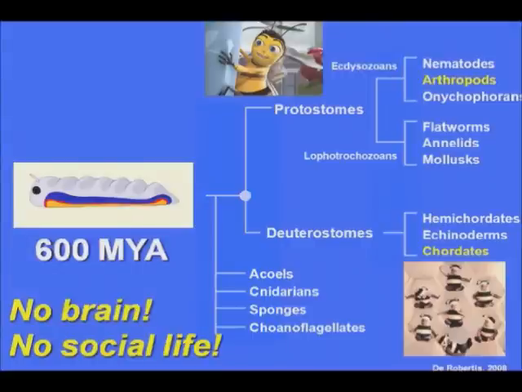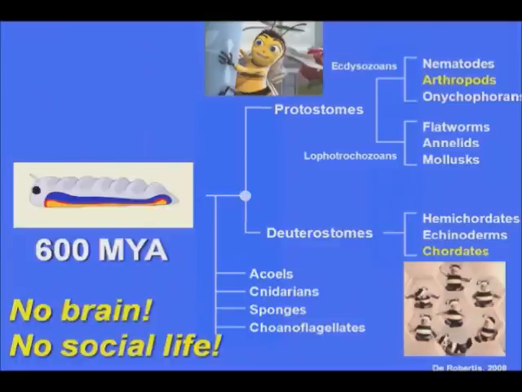The last common ancestor is thought to be this marine flatworm, no brain, no social life to speak of. So when we're talking about these complex patterns of social organization, we then, by definition, have to be thinking about convergence, as we spoke about yesterday. This is not a homologous trait, given that the last ancestor didn't have it.